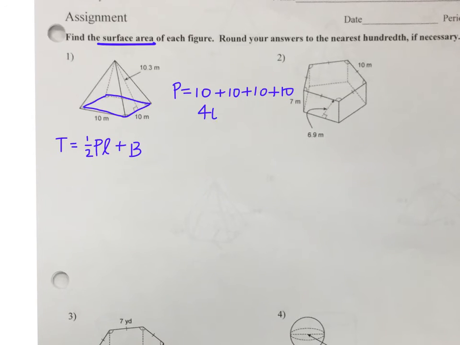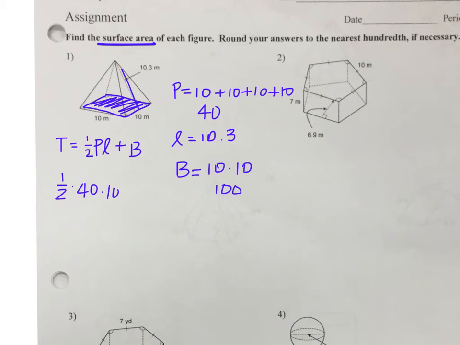That gives us a P of 40. Then the length is this part we haven't used, 10.3. And the big B, we're using this rectangle base, so it's length times width, 10 times 10, which is 100. Now I have all the information, I just plug it in. 1/2 times 40 times 10.3, plus 100. When you work all that out, you get 306 meters squared.